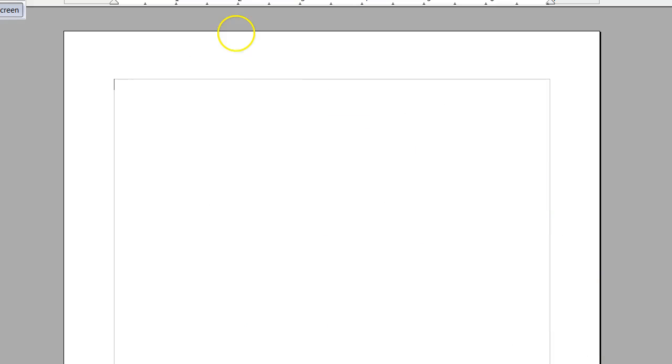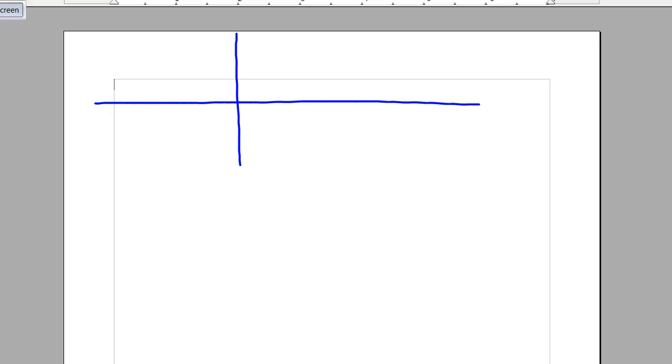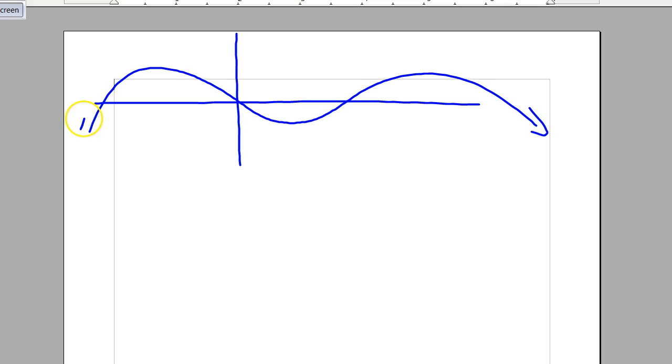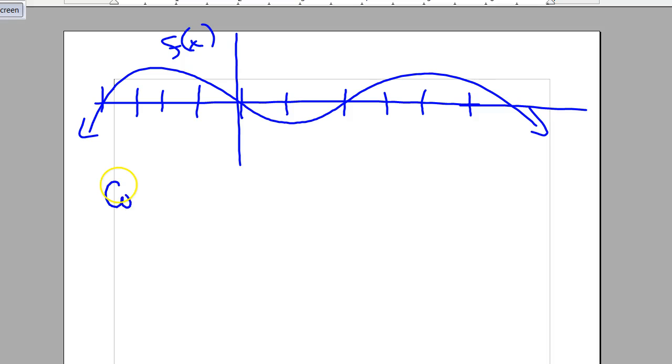If I give you an original graph, say this is f of x, something like that. You should be able to hopefully tell me where it's concave up and where it's concave down.